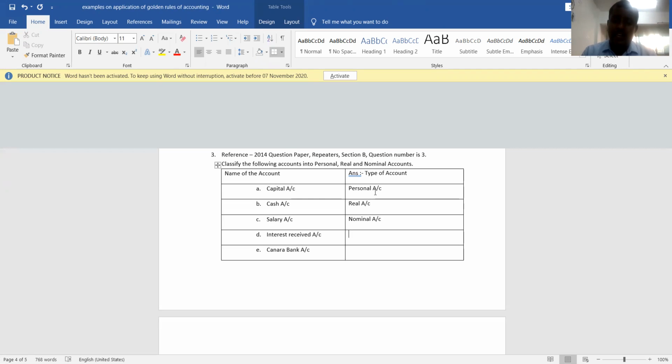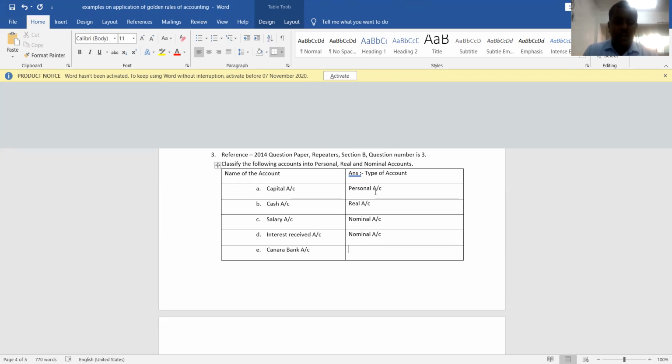Usually if it is just interest, we consider it an expenditure, so it should be debited. If it is interest received, then it is income, and it should be credited. But whether received or paid, interest always belongs to nominal account.